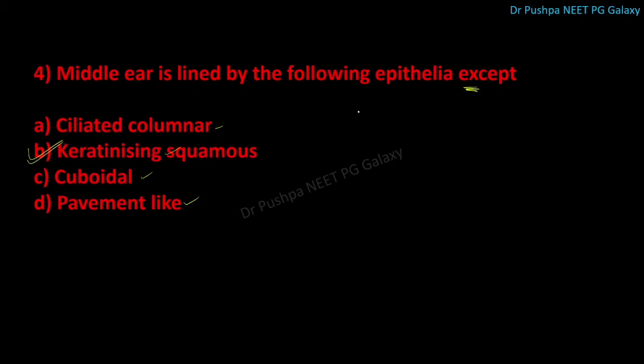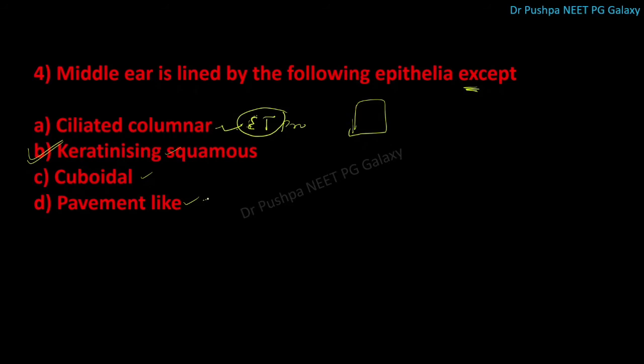Middle ear is a cavity, and different epithelia line the different structures. Ciliated columnar epithelium is found around the eustachian tube opening, that is the protympanum.